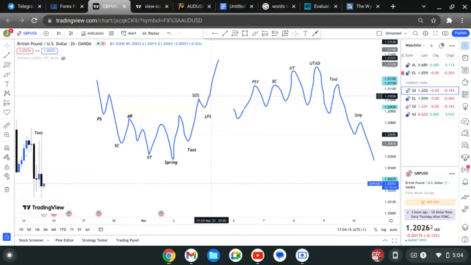That's not really important. Don't get too attached to the labeling. The most important thing is to understand the concepts behind what's going on in this area. And that's basically what I said: accumulation being the transfer of sells to buys, and distribution being the transfer of buys to sells.